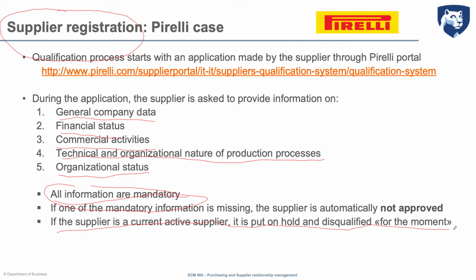In case the supplier misses some information or is not able to provide it, don't think that Pirelli just doesn't care about it, even if it's a current one. A supplier with a contract in place is put on hold and disqualified for the moment, because again, every supplier needs to meet the basic criteria in this area.